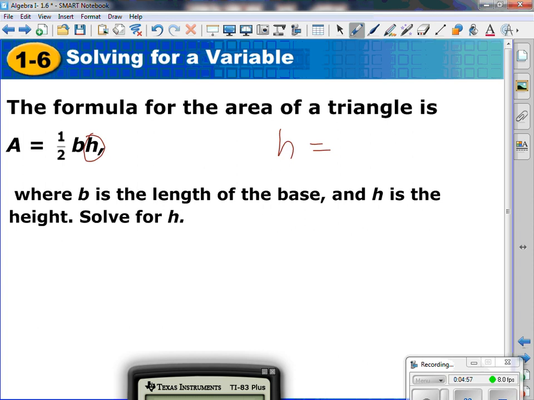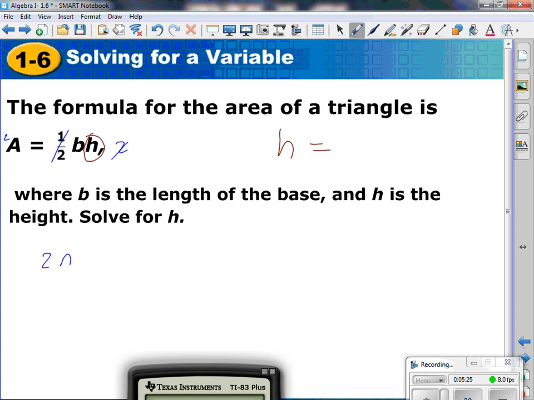Okay, it's being multiplied by 1/2, and it's being multiplied by a B. I want to get rid of that half first. How do we get rid of multiplying by a half? We don't divide by a half, we multiply by 2. So I'm going to multiply by 2. So the half and the 2 are gone.